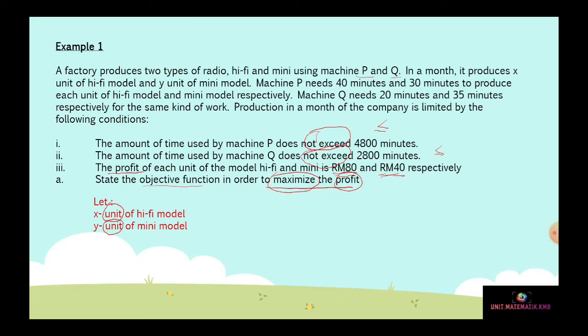So you need to write down what type of unit. And to get the objective function, because it is related to the profit, the profit by X and Y is 80x plus 40y. So this is the objective function.